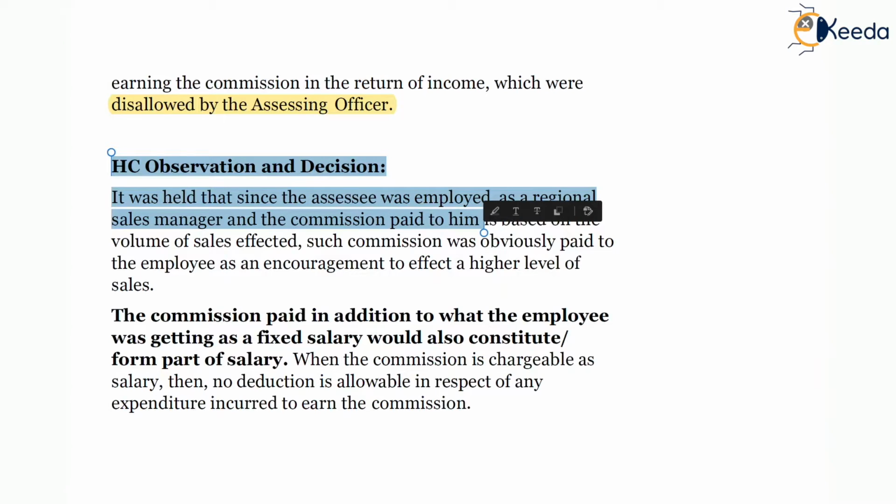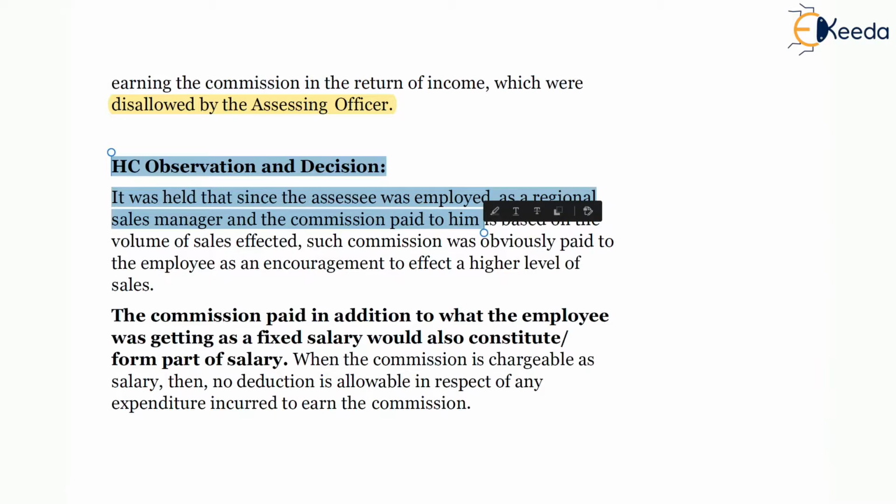before proceeding to it, just a brief note. How do we analyze this commission sales, wherein an employee is receiving a commission and over and above the salary is also receiving a commission, whether expenses can be allowed to him or not?